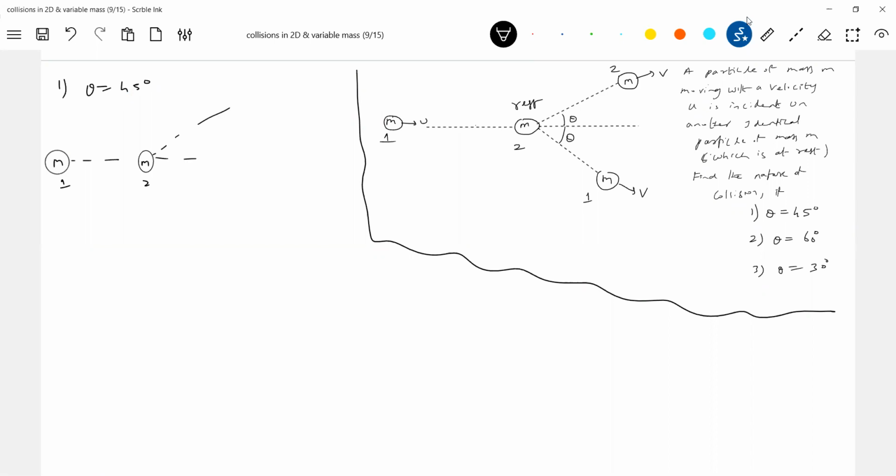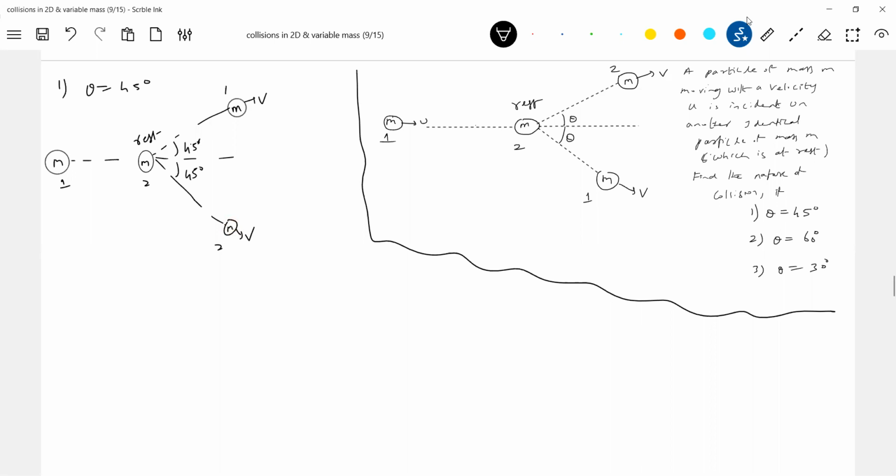After collision, they will deflect, and the first and second particle will be moving like this.